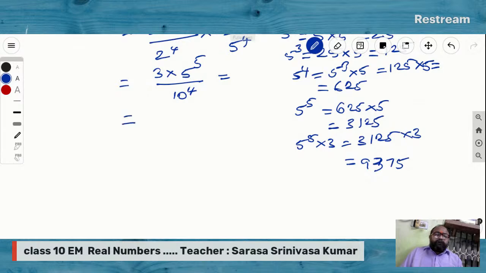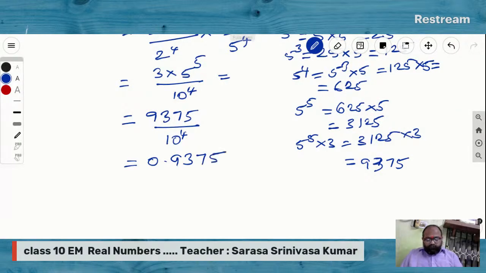So we can write 9375 divided by 10 power 4. So this is equal to 0.9375.